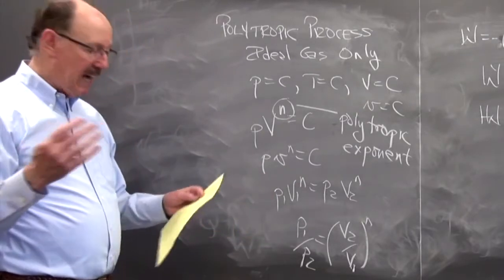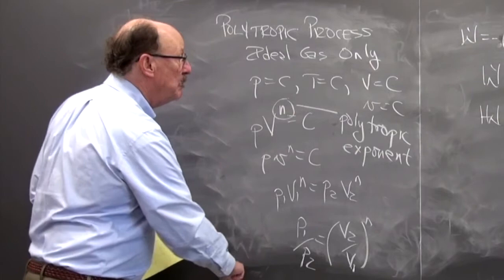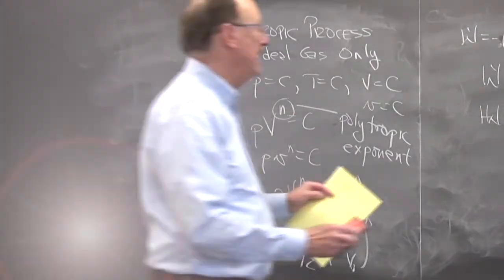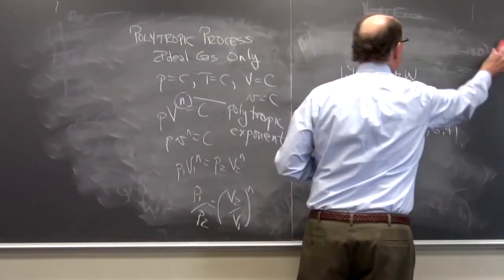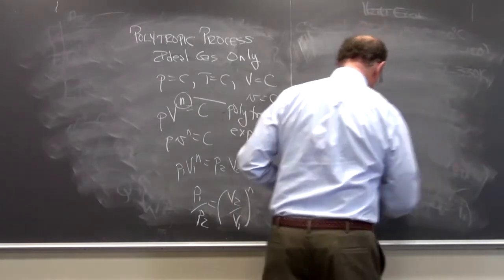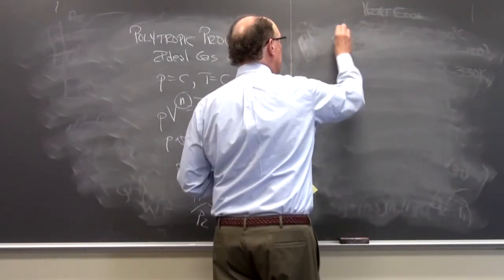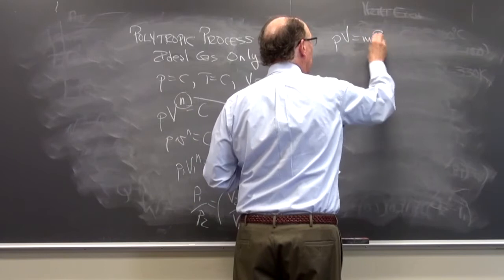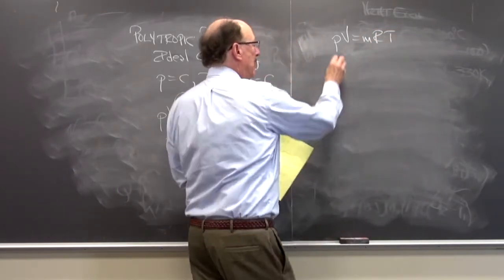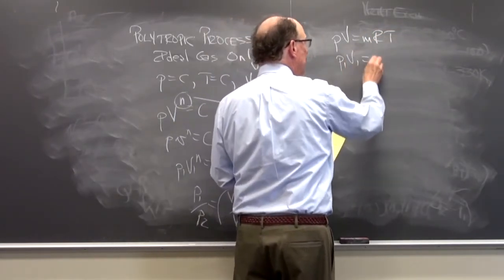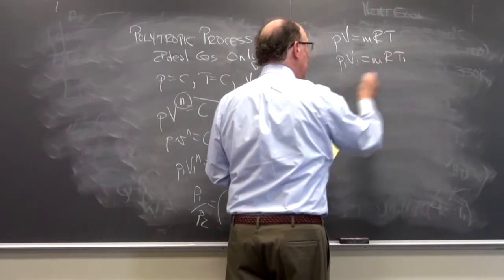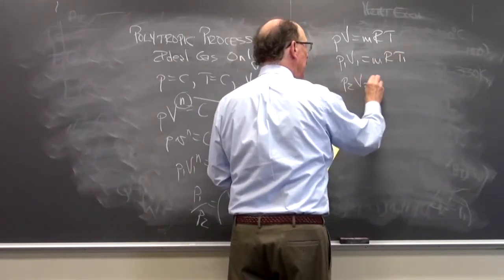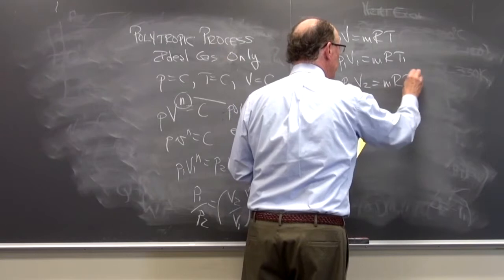Now since this is an ideal gas, I can use the ideal gas equation of state, PV equals mRT. So I could have P1 V1 is equal to mRT1, P2 V2 is equal to mRT2.